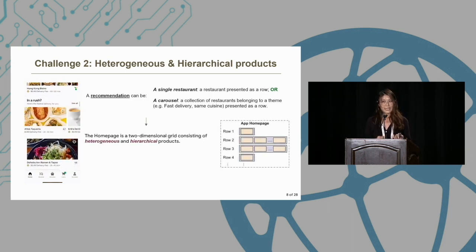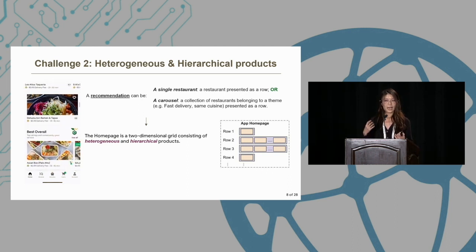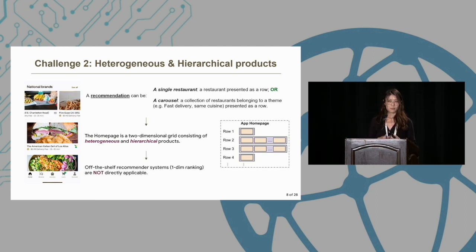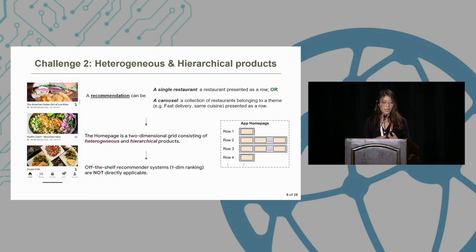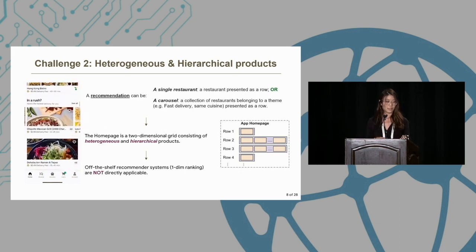So in these cases, the homepage is essentially a two-dimensional grid consisting of heterogeneous and hierarchical products, and as a result, off-the-shelf recommender systems are no longer applicable, as they mostly focus on recommending homogeneous contents in a one-dimensional list.